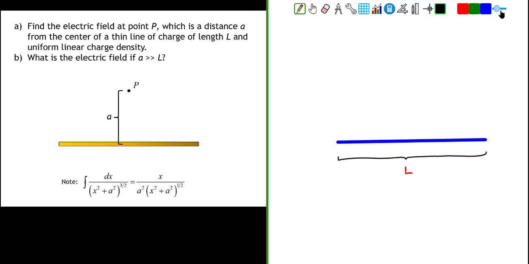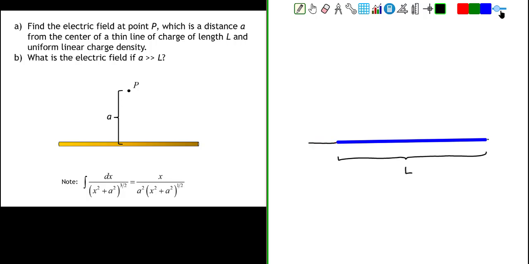Being a one-dimensional object, it only has length. It doesn't have width or height. So let's choose a coordinate system that reflects the geometry of this charge. A natural coordinate system to choose is a rectangular coordinate system.